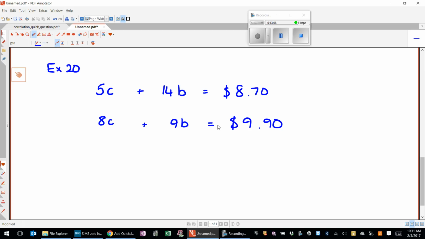Are we okay with that? My question is, though, what does C and B stand for? Very careful. What does C and B stand for? X and Y? But what would X and Y stand for? We've used C and B instead, but C and B, like X and Y, was before X and Y was a number. But what is C and B?